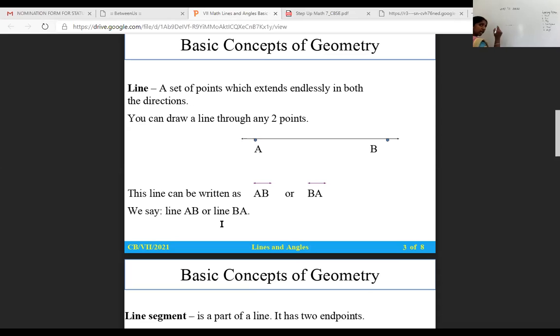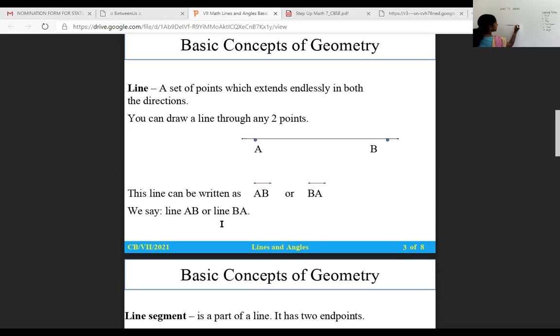Here, just to show you, I have drawn the points far apart, but actually all the points are together, nearby, each one immediately next to the other. So a line is a collection of points along a straight path. Now I got a line along a straight path.